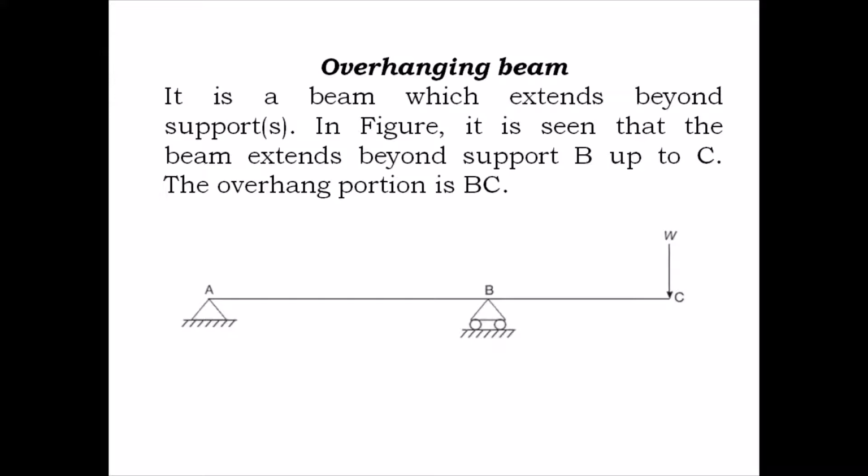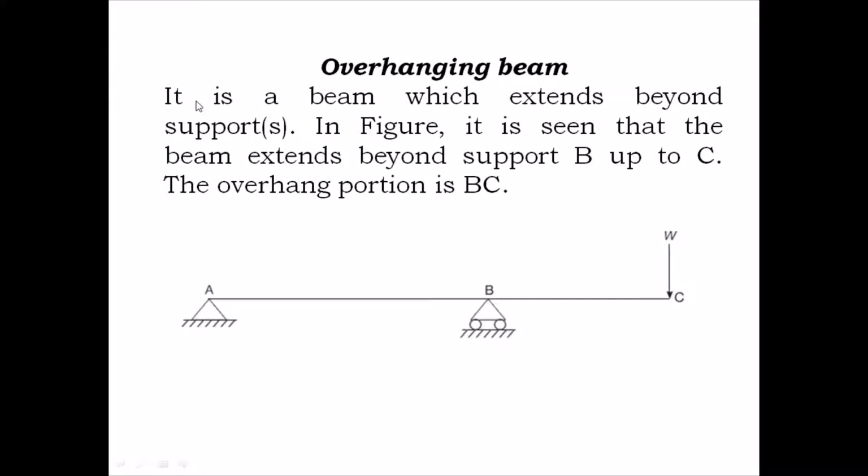There is a beam which has two supports at A and B, and after B some part of the beam is overhanging, so it is not having any support in this portion of the beam, and you have a load acting in the vertical direction at point C. Since some part of the beam does not have any support and is hanging, that is why we name it an overhanging beam.